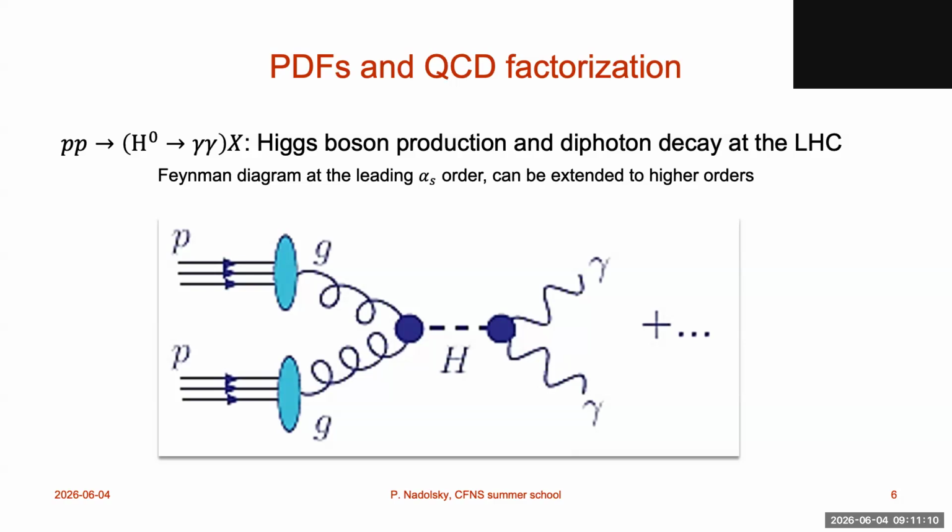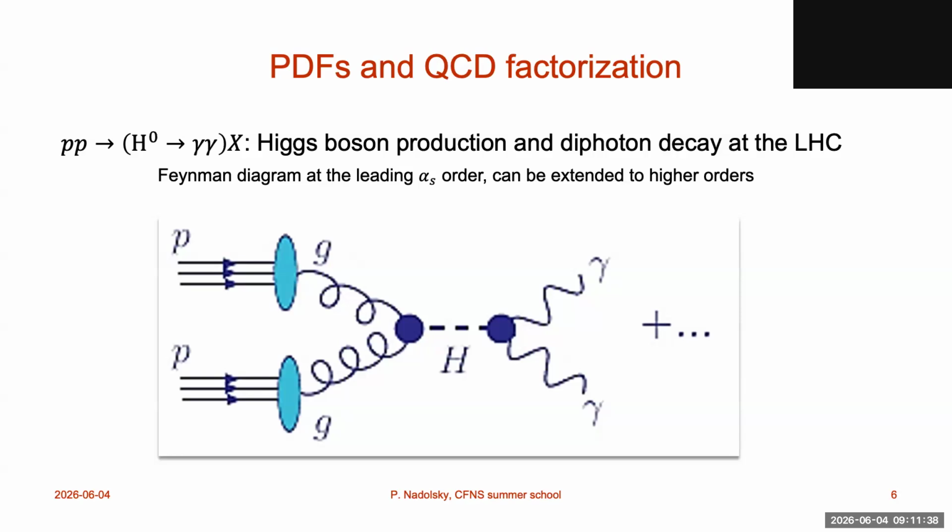Let's take any kind of process where we have a high resolution scale. For example, the Higgs mass is about 125 GeV, so it sets a very high resolution scale. If you take any QCD textbook, they will start discussing the so-called parton model, which allows us to calculate cross sections for scattering in this kind of situation.